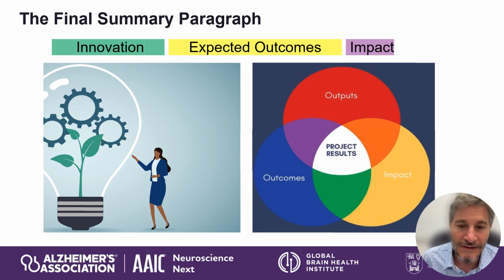So in the first one, you will say, we will bring evidence showing if multi-component interventions can really delay or mitigate the impact of accelerated aging or dementia. What are the most important components that can impact the well-being of the patients?